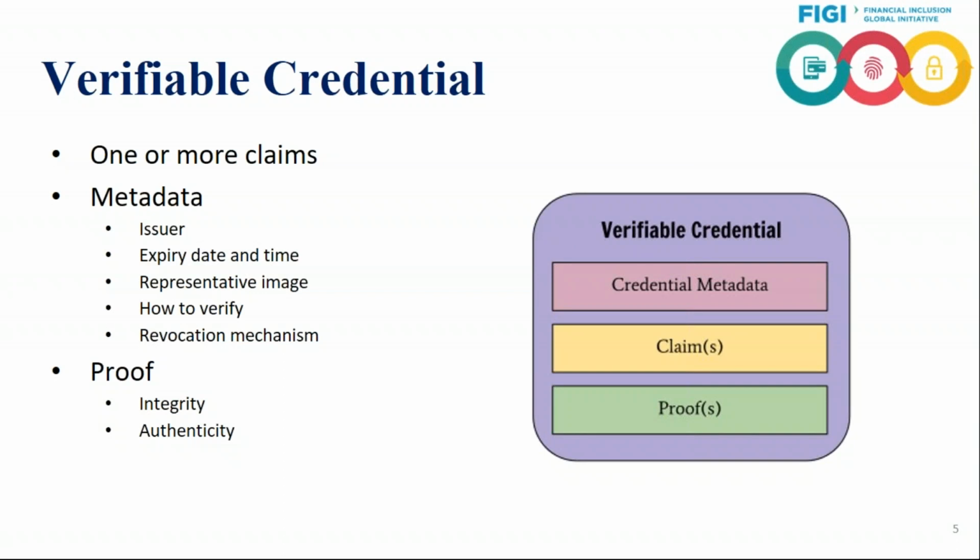The most common one is that the issuer has a private key, and they sign the claim and put the signature value in the proof area so that it can be independently verified against the issuer's public key. So proof is two parts: the integrity of the credential, that it hasn't been tampered with, and the authenticity, that the issuer I expect to issue it really issued it.